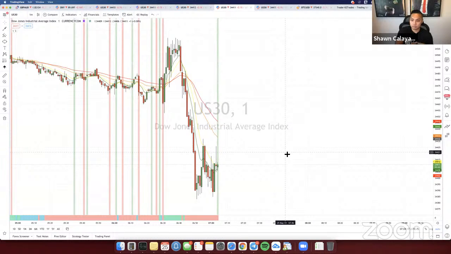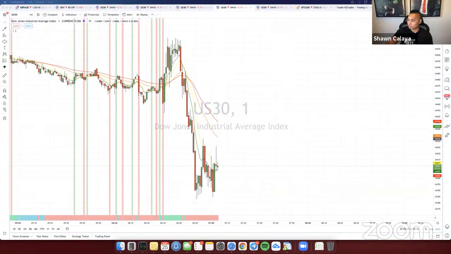I'm checking where this one's going. It's so weird. I'm trying to set this on my MT4. Oh, the numbers are different. Sorry, my bad. Let me go over here real quick. I hate how the MT4 and TradingView numbers are different.